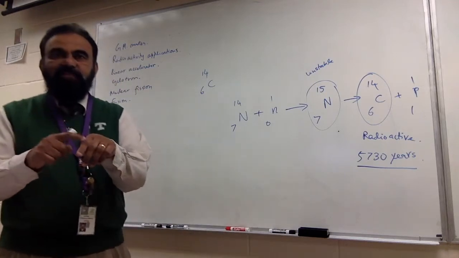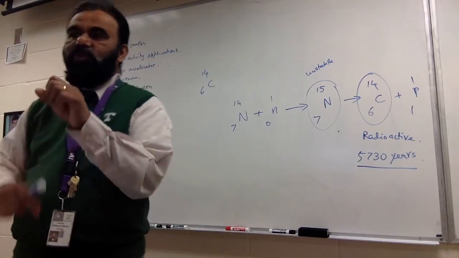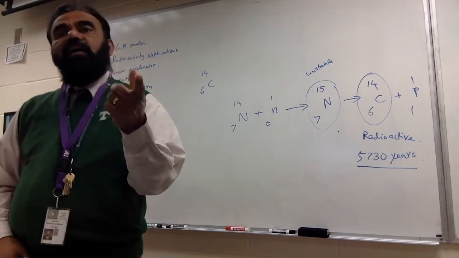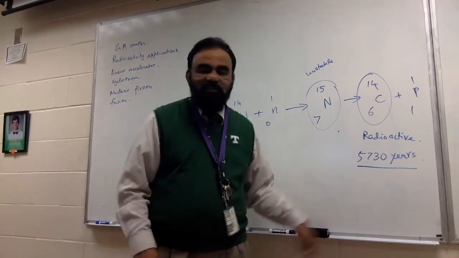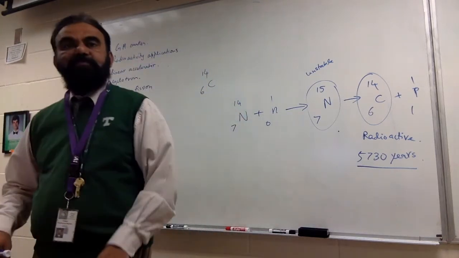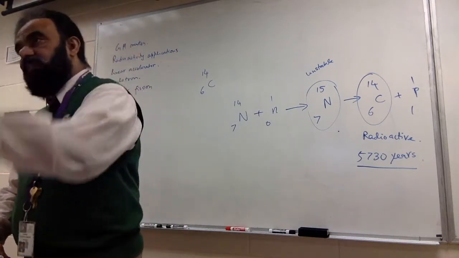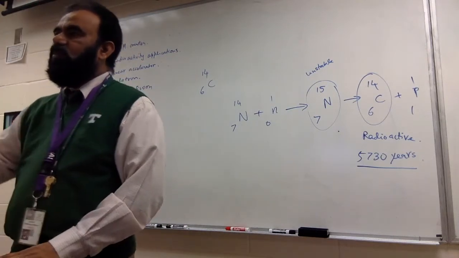So right now, if our sample is showing some activity, after that many years, it will drop to half of it. And then after that, it again drops to half of that. So it goes in halves.